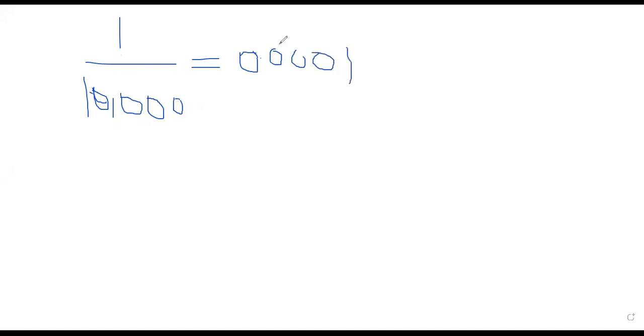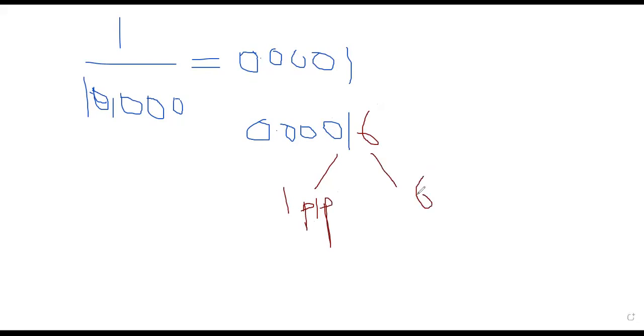Now let's say it extends to 0.00016. This one you see is called 1 pip, and this 6 you see is called 6 pipettes.